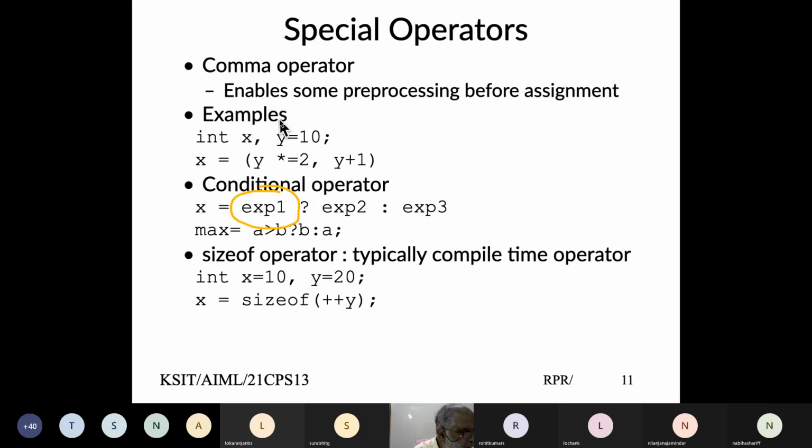If this expression evaluates to true, then x is assigned the value of the second expression. If the expression happens to be false, then x would be assigned the value of expression 3. And that's typically what would happen.